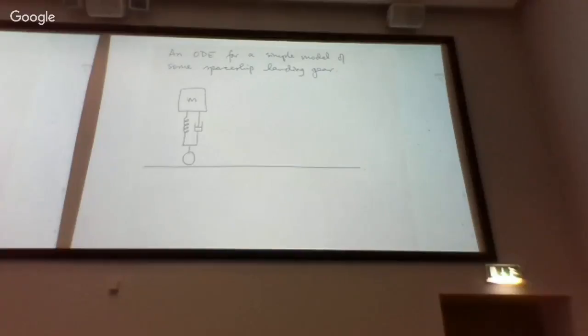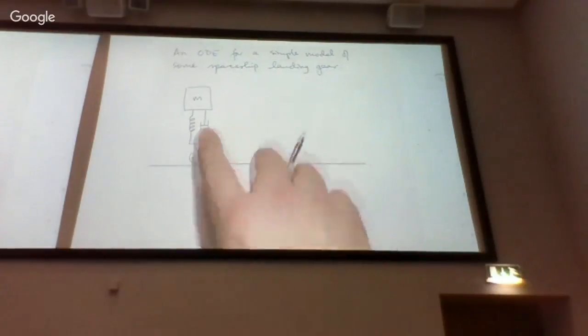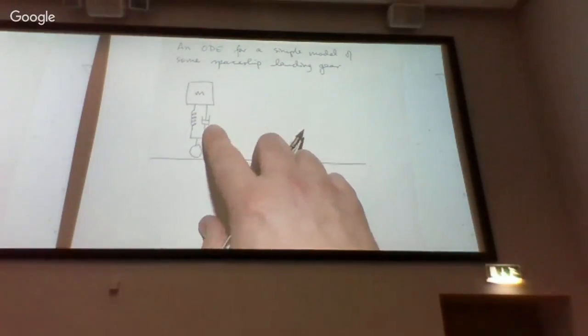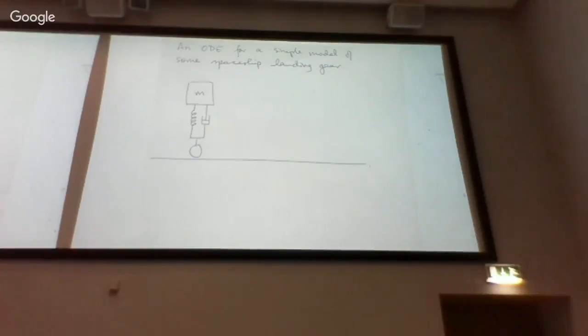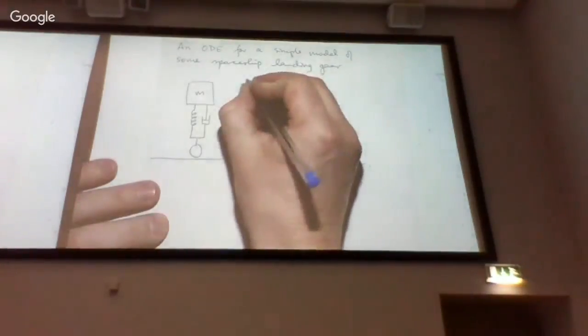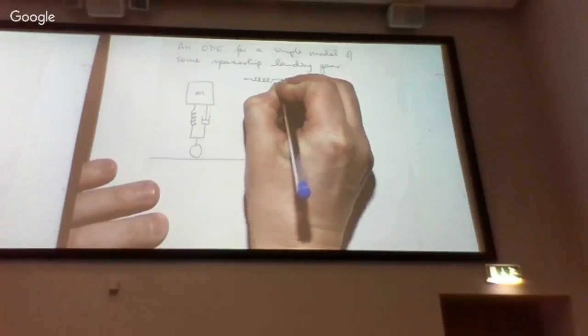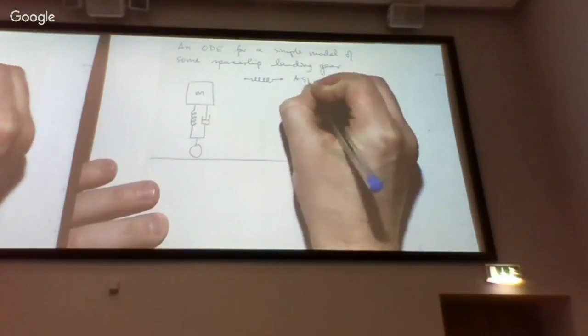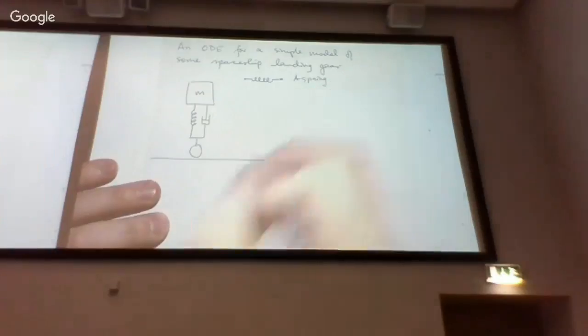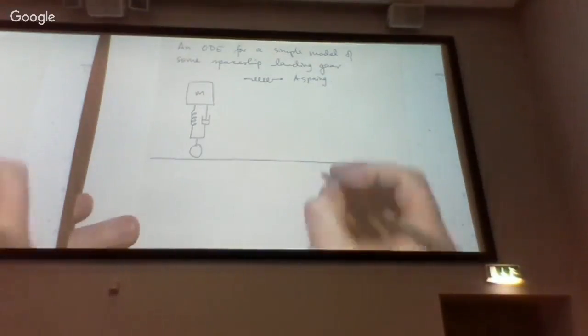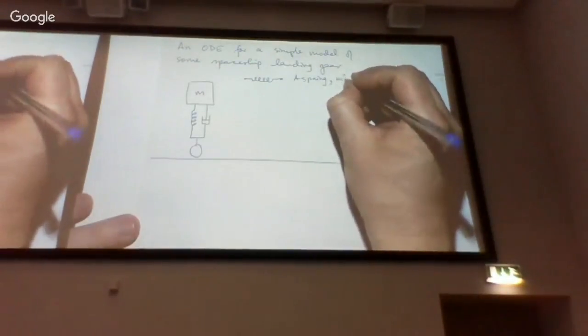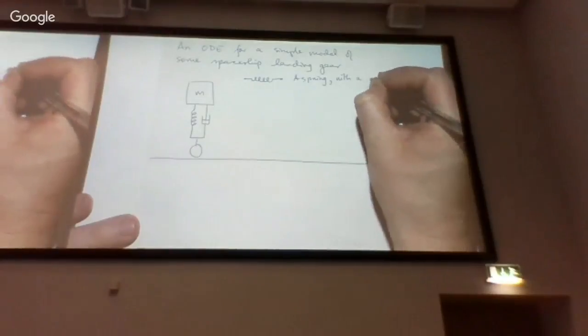This is sometimes called a damping pot. Okay. So this kind of thing is a spring, and the spring has a kind of resting length.